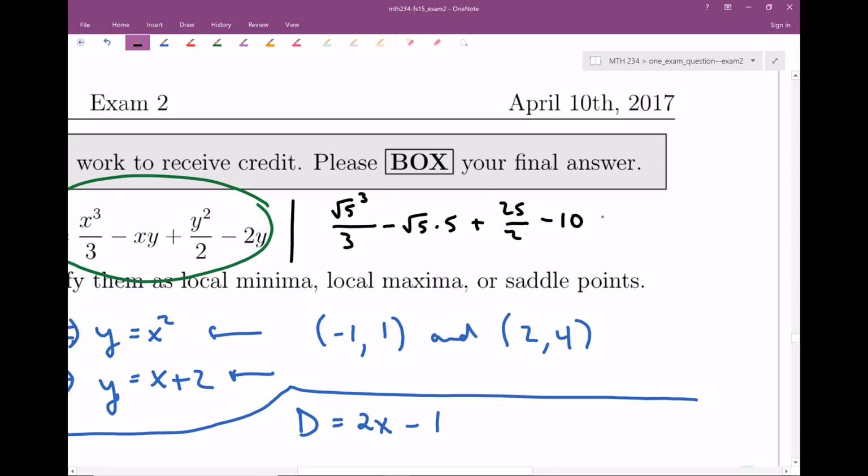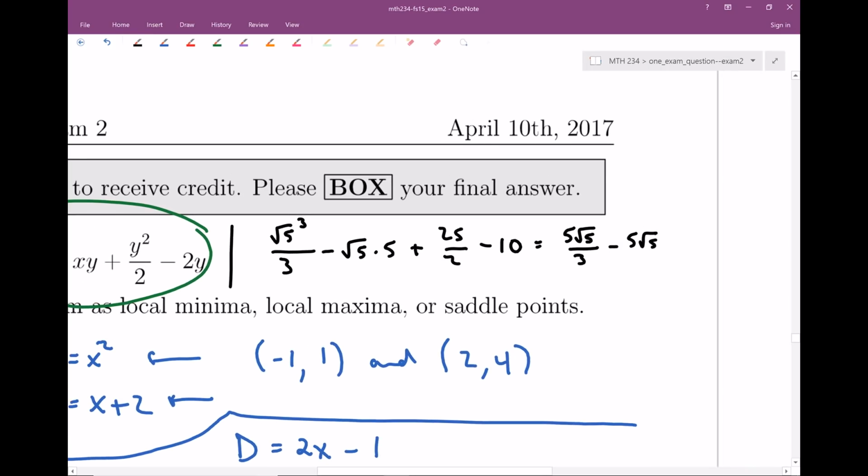All right, now let's simplify a little bit. Square root of 5 times square root of 5, if I consider just two of them, is 5. So this is going to be 5 root 5 over 3 minus 5 root 5s. And 25 halves minus, let's change this to 20 halves, so 25 halves minus 20 halves is 5 halves.